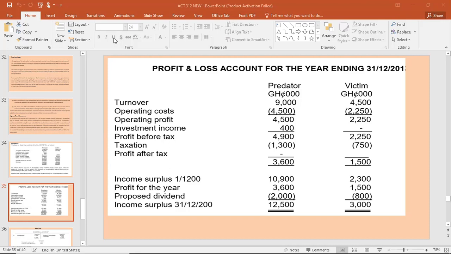What will be the total? 14,800. Okay. Then you less proposed dividend. So you go to predator's account, then you pick predator's proposed dividend and subtract from it.